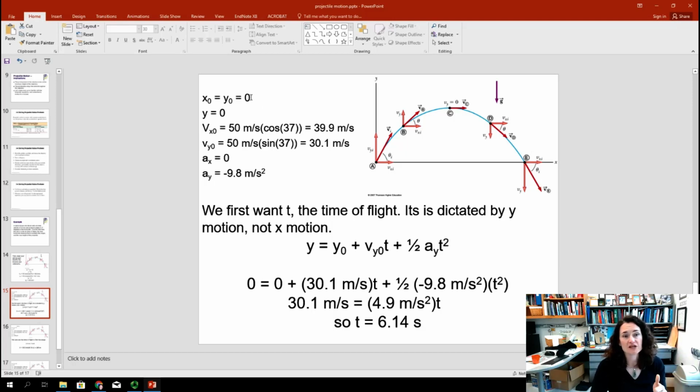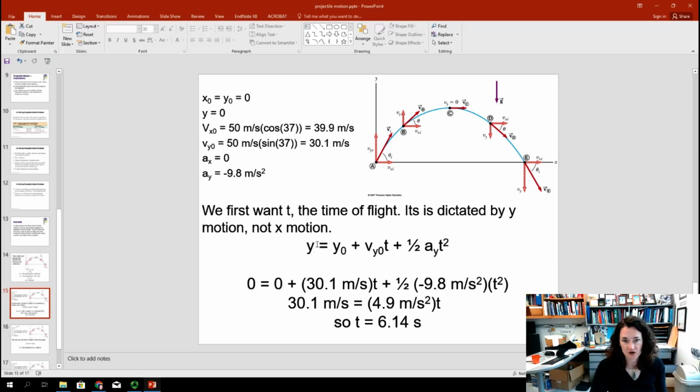Since I know my initial position in y, my final position in y, my initial velocity in y, and my acceleration in y, then I can use the equation y is equal to y naught plus vy naught t plus 1/2 ay t squared and solve for what my time is, right? Because I know everything in this equation except for the time.